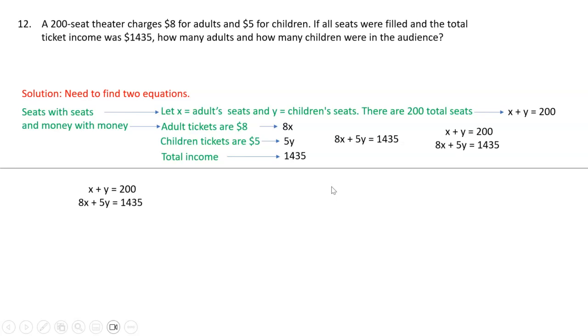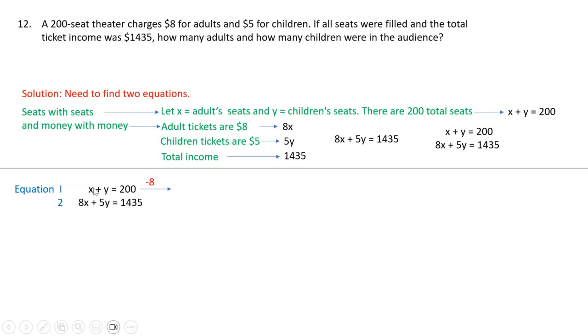Now you can solve this by substitution or by the elimination method. In my opinion, the elimination method is much easier because they're both already set up in that form. Here, guys, I can eliminate the x's or the y's. It doesn't matter. I'm going to eliminate the x's. So I'm going to multiply equation 1 by -8. Why -8?